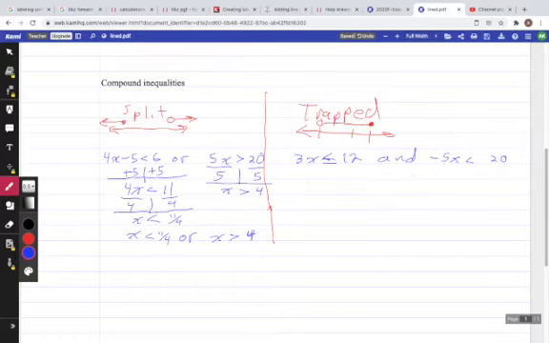Now, over here we would solve this half of our problem just like we would any single inequality. We divide both sides by 3 to undo the multiplication: x is less than or equal to 4. And over here, we divide both sides by negative 5.